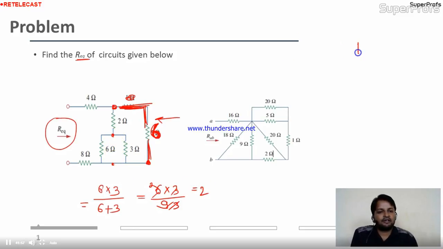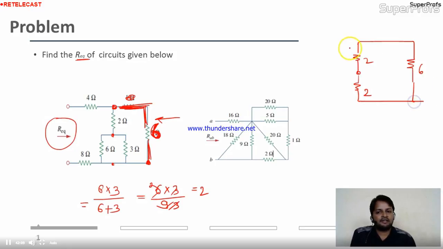So I am drawing here the final combination. 2 is already given. The combination of these two, 6 and 3, becomes 2 again. Here the 6 ohm branch is connected like this. Here the 4 ohm is connected, and this is the terminal across which we have to calculate the R equivalent.